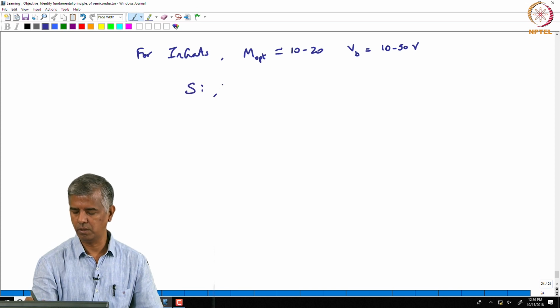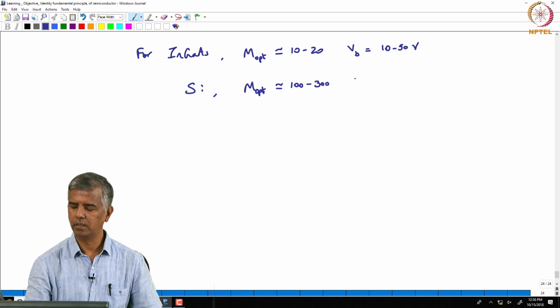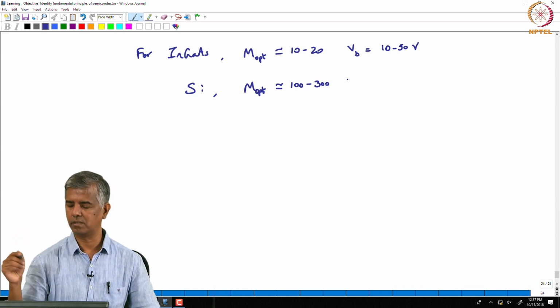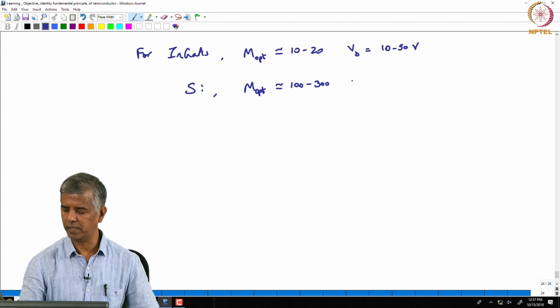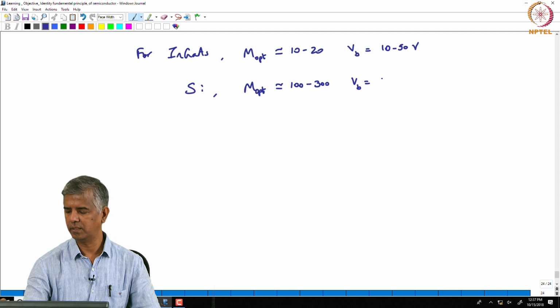So, if you look at silicon, that M opt can be on the order of 100 to 300 even in certain cases. For k equal to 0.006, as somebody has demonstrated, M opt can be even up to 300, and VB also has to be at that level.